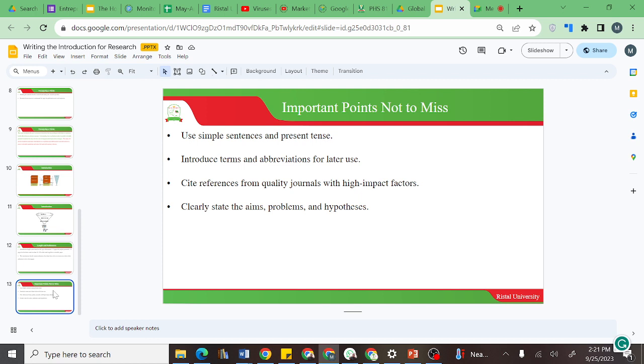Don't use references that are 10 years old or more. Of course, for the whole introduction chapter, you will clearly state your hypothesis, your aims, the objectives of the research, and things like that. So that is what I wanted to go through with you very quickly.